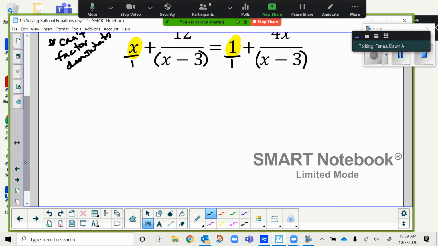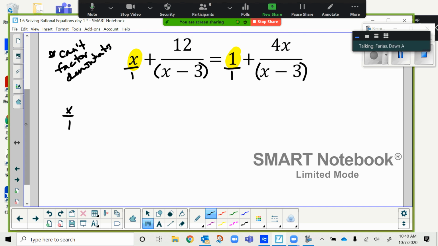So I'm going to give myself a bunch of room here between the terms. If you'd like to do that on your notes as well, because we're going to multiply them by stuff.